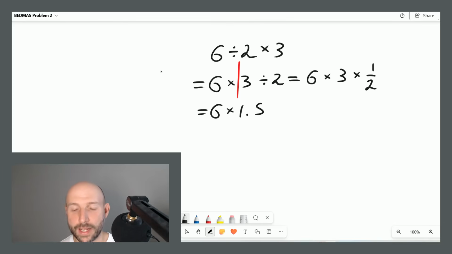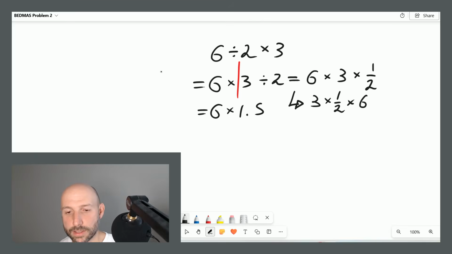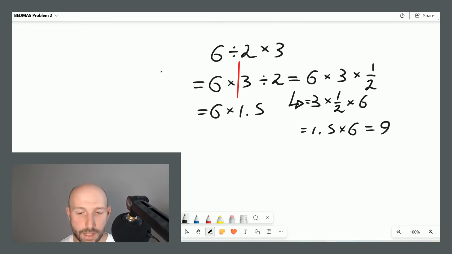And we can multiply in any order we want. So we could write this as 3 times 1 over 2 times 6, which is 1.5 times 6, which is 9.